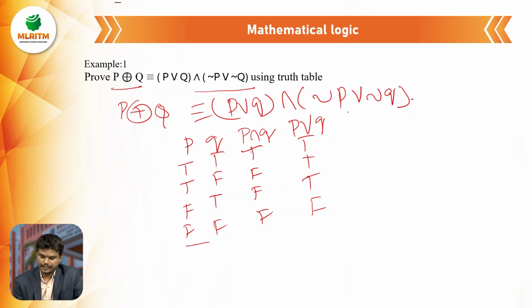Then P implies Q. It is the implication. Here first case is true, second case is false, it will be false. Remaining cases are true: true, false, true, true.